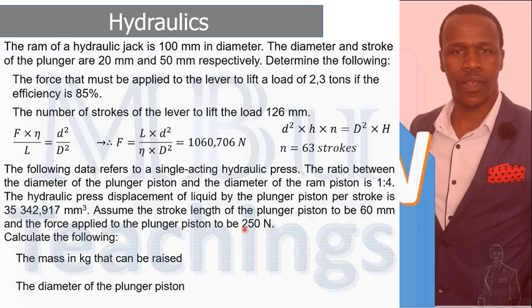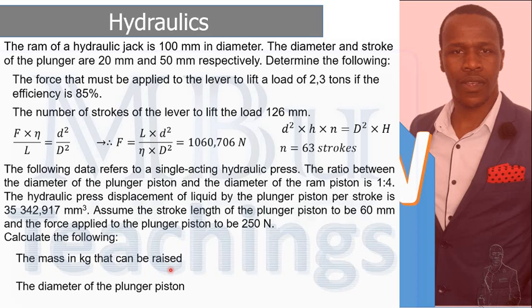We are required to find the mass in kg that can be raised. The moment you see this term raised, you should know they are referring to the ram. Anyway, they are specific here, saying plunger piston force is 250, so you know that you need the load on the ram. That's the first question.